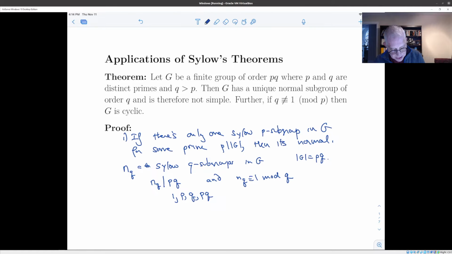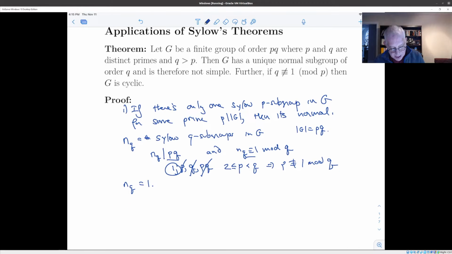But q is not congruent to 1 mod q, and pq is not congruent to 1 mod q. And p is less than q and bigger than or equal to 2, so p is not congruent to 1 mod q. So the only possible number left is 1. So nq has to equal 1.